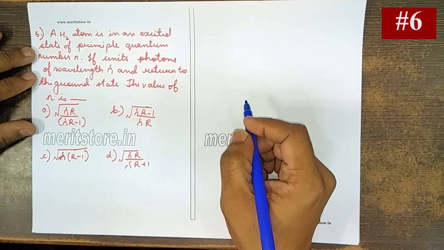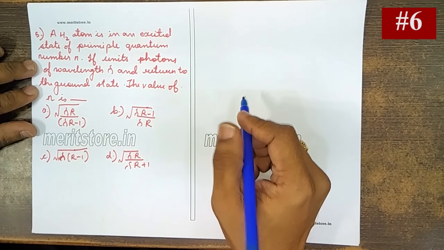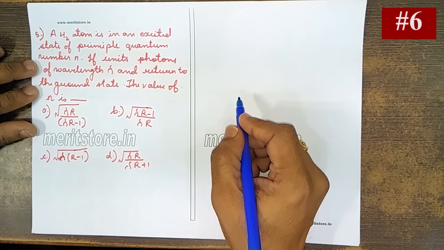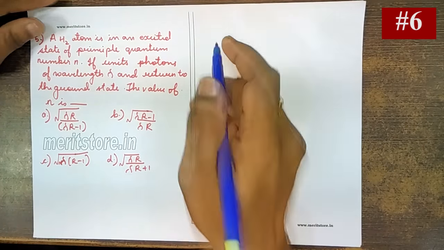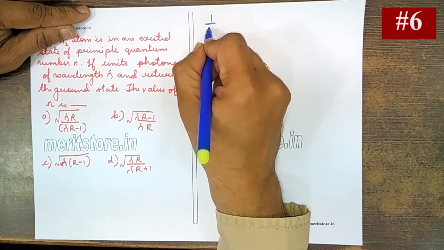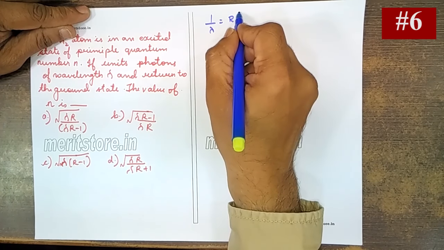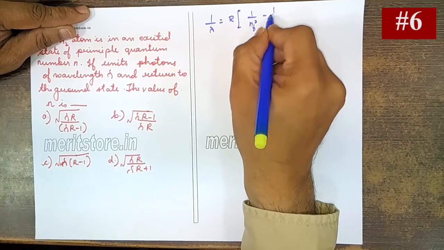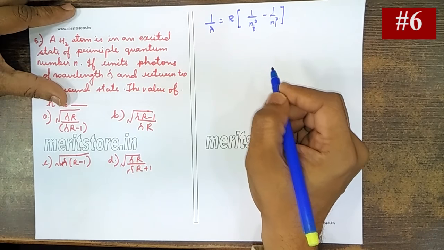Hydrogen atom is in an excited state of principal quantum number n. It emits photons of wavelength lambda and returns to the ground state. The value of this n is dash, and the four choices are given here. Now we know the wave number is given by 1 upon lambda is equal to capital R, Rydberg's constant, into 1 upon nf squared minus 1 upon ni squared, where nf is the final state and ni is the initial state.